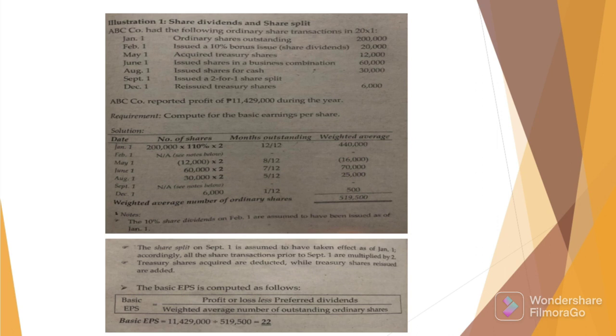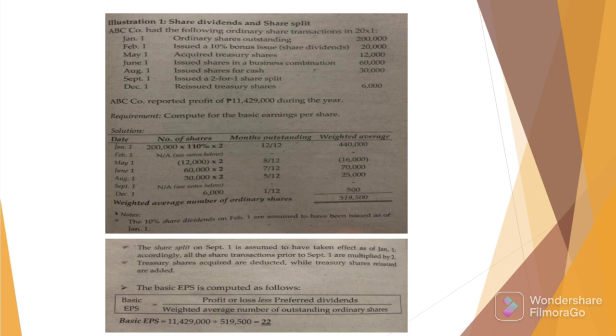Kasi sinabi na kanina na kapag ang susundan is bonus issue or share dividends, which is kabilang sa mga ina-adjust retrospectively, ibig sabihin nagagalaw. Kaya katulad nito, yung February 1, may kita mo na walang number of shares na nakalagay. Kasi yung 10% bonus issue or share dividends ng February 1, ina-assume na na-issue na noong January 1. Ibig sabihin nga, in-adjust noong January 1. So, 110%. Hindi lang 100% yung ita-times natin sa 200,000.